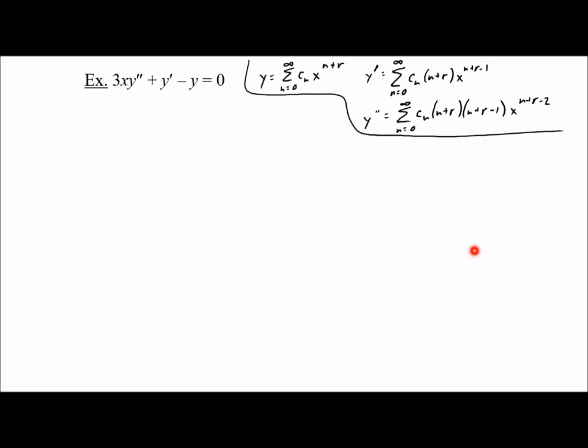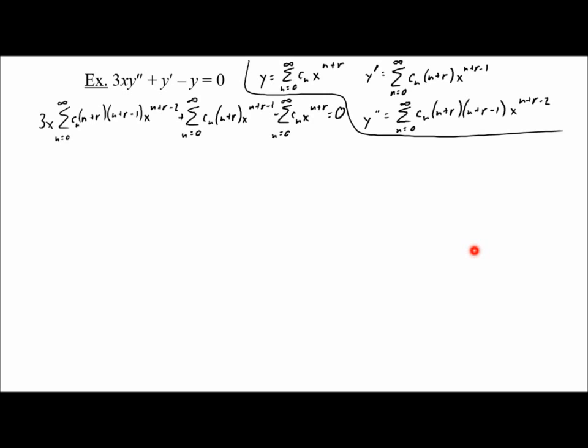And so we're going to get 3x times the sum n equals 0 to infinity of Cn times n plus r, n plus r minus 1, x to the n plus r minus 2, plus y prime, minus y, equals 0.